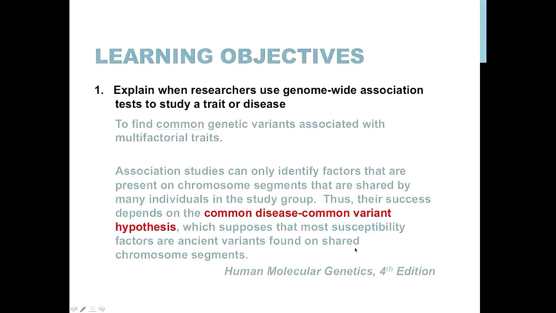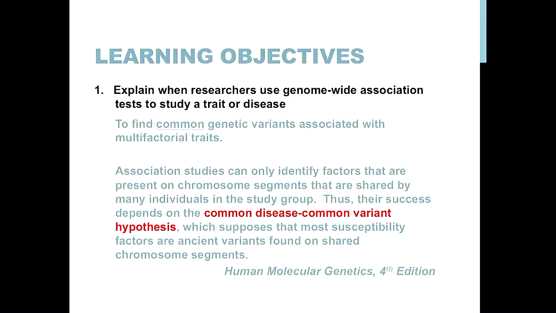This is another definition I hoped all of you could take away from today: association studies can only identify factors that are present on chromosome segments that are shared by many individuals in the study group. Thus, their success depends on what is called the common disease, common variant hypothesis, which supposes that most susceptibility factors are ancient variants found on shared chromosome segments.